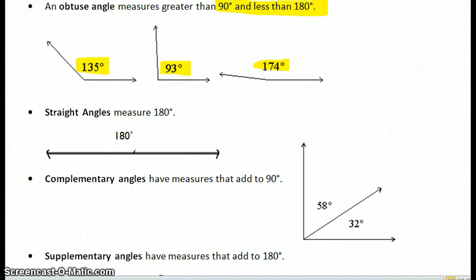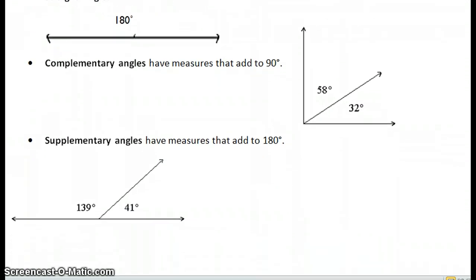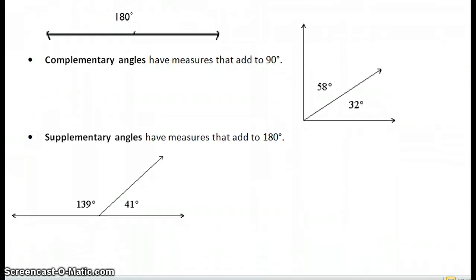The next type of angles that might be more new to us than our obtuse, acute, right, and straight angles are the terms complementary and supplementary angles. These are two angles that when I add them up make a special sum or total for me. If you look at this angle right here, this is a 90-degree angle.